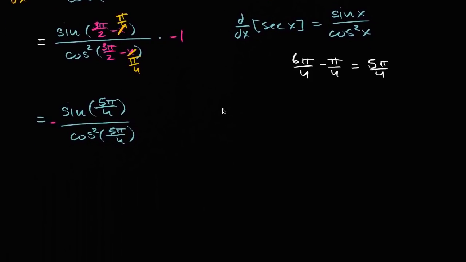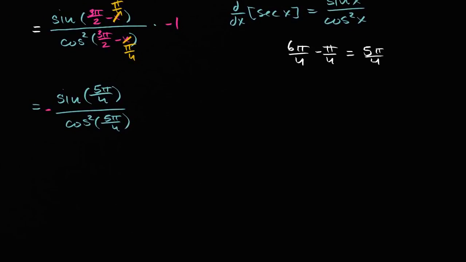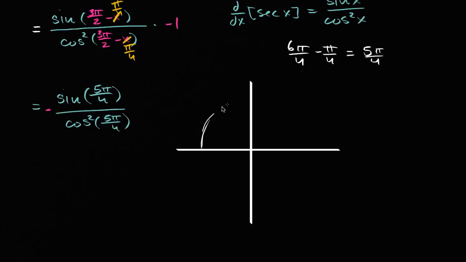Well, I don't have that memorized, but let's actually draw a unit circle, and we should be able to figure out what that is. A unit circle, I try to hand draw it as best as I can. Please forgive me that this circle does not look really like a circle. All right. Let me just remember my angles. In my brain, I sometimes convert into degrees. Pi over 4 is 45 degrees.